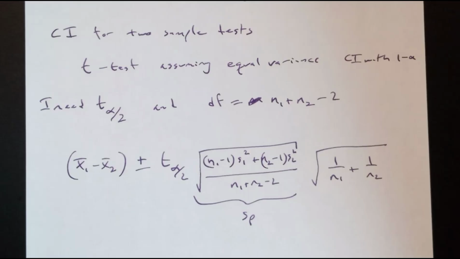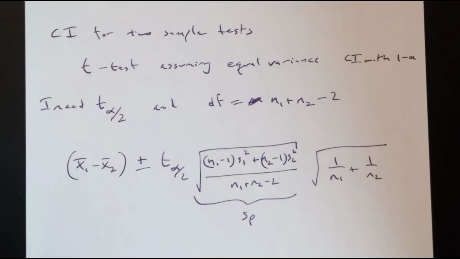The margin of error idea is the same, whether I'm dealing with one sample or two samples. The reason I point this out to you is that I hate sifting through which formula do I have to use. But remember, it's really the same formula.